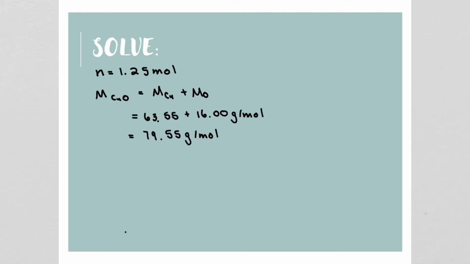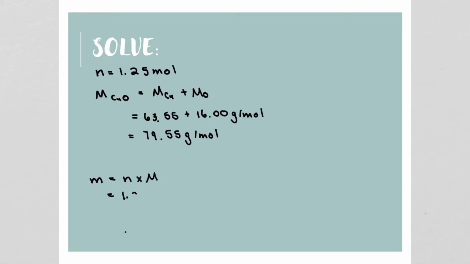So you're pretty much always going to have to calculate the molar mass. So you'll have to do a step before you can actually apply the formula. So our next step is to find the mass. Remember, the mass is equal to the amount, the moles, times the molar mass.